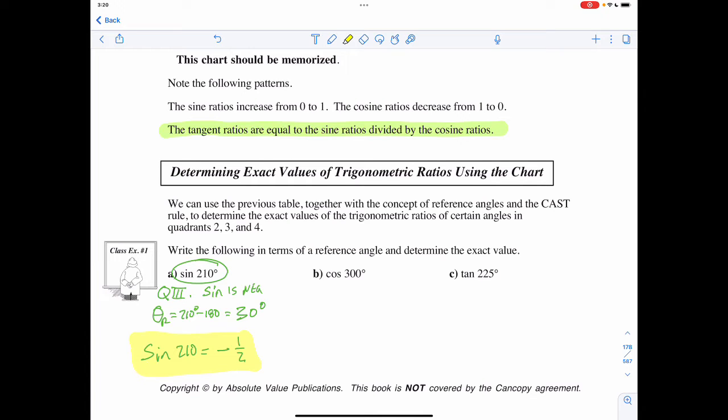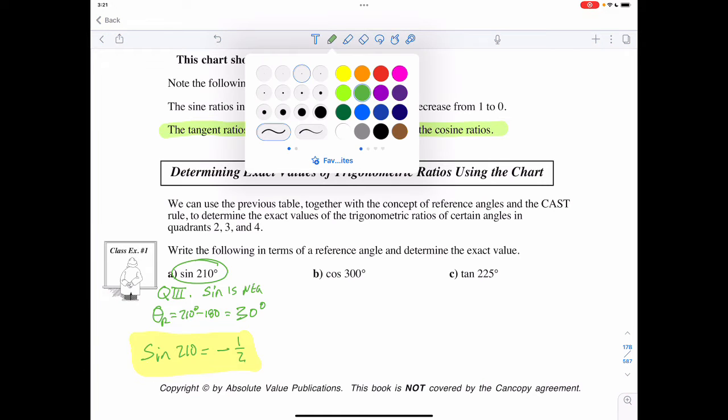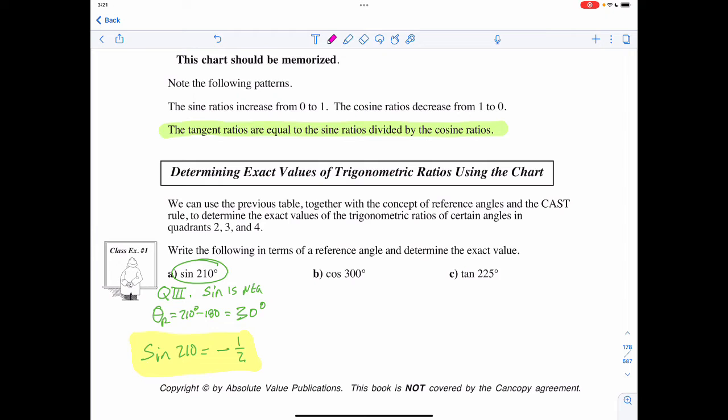The irrational ones are a little bit trickier. I'm going to do the same thing for cos of 300. At 300 degrees in quadrant 4, cos is positive. The reference angle is going to be 360 minus 300, or 60 degrees.